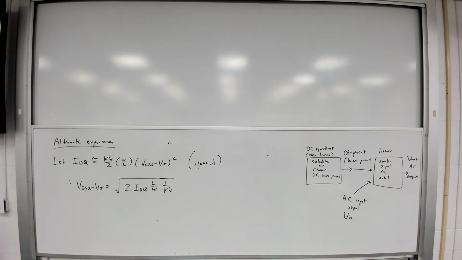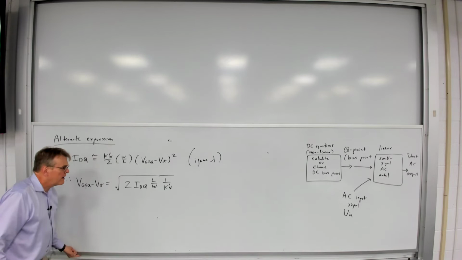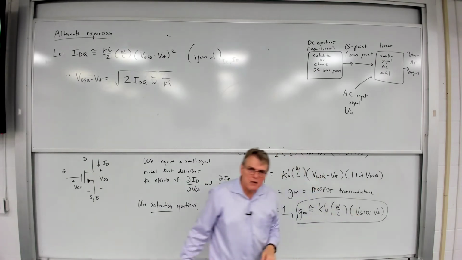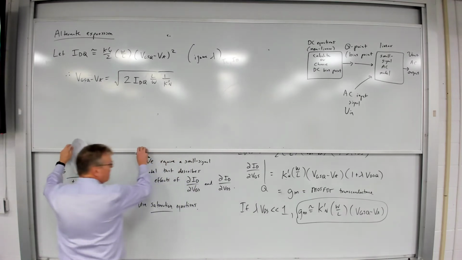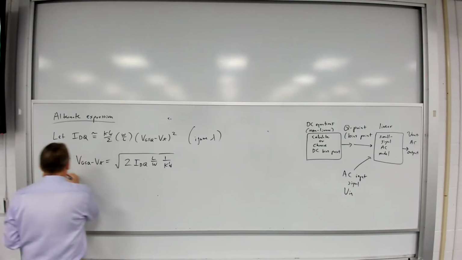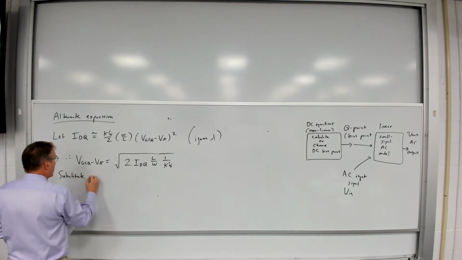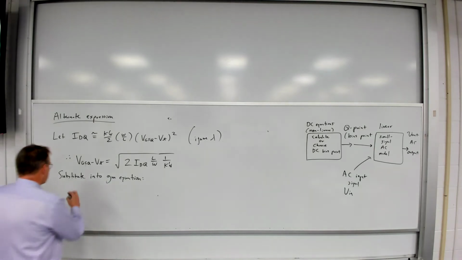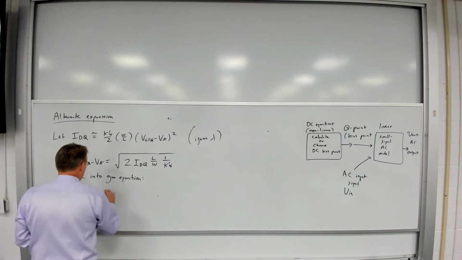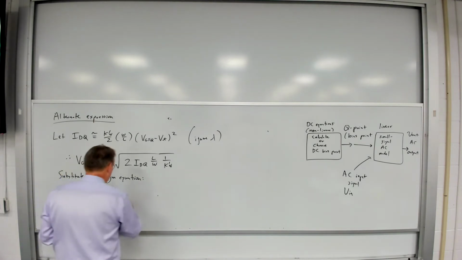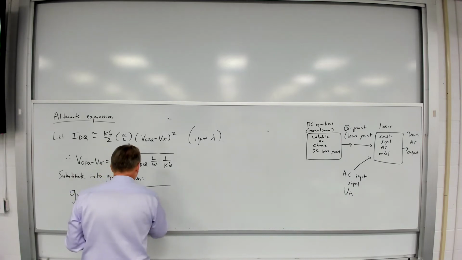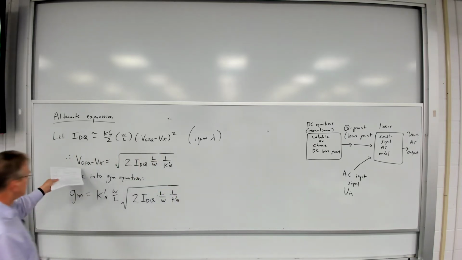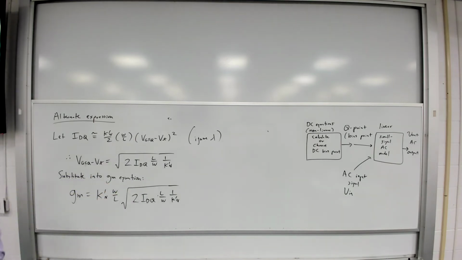So taking this, I've got VGSQ minus VT. I'm going to substitute that into our GM equation, and what we're going to get is that GM is equal to K prime N W over L times the square root of 2 times IDQ times L over W times 1 over K prime N. All I've done is take that VGSQ minus VT and plug it into the equation we had before.